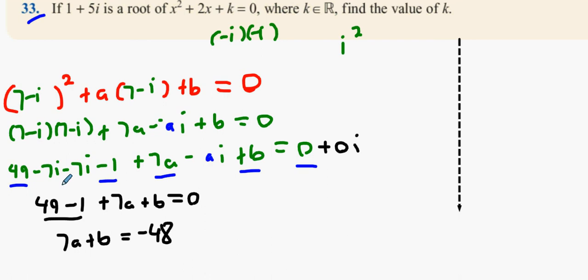Peter, the i equation for me, please. Underlined in red. What do you do? What's minus 7 minus 7? Minus 14, yeah. What's minus ai then? Minus a. I'm balancing the i's on the left with the i's on the right of the equal sign.